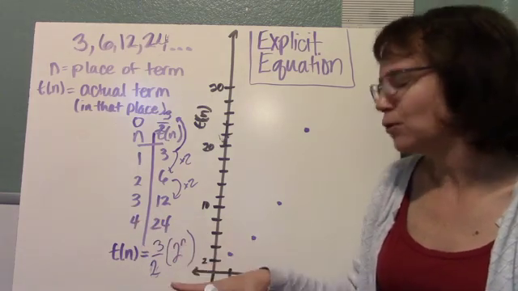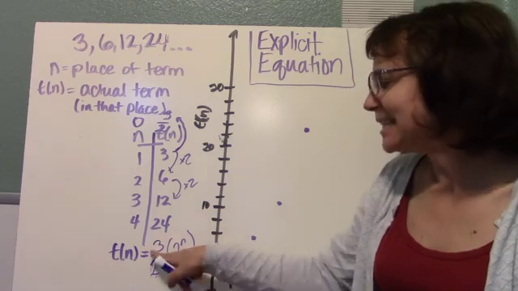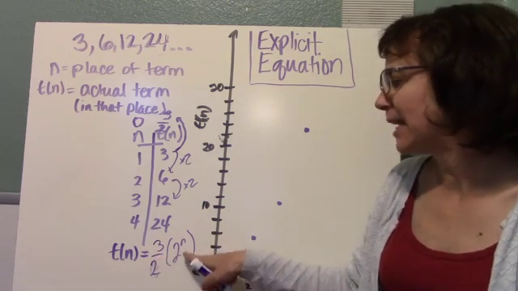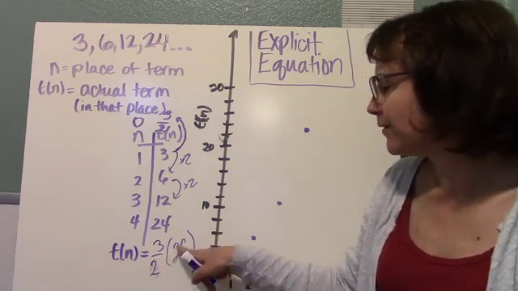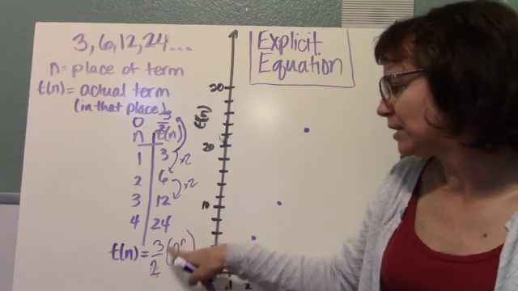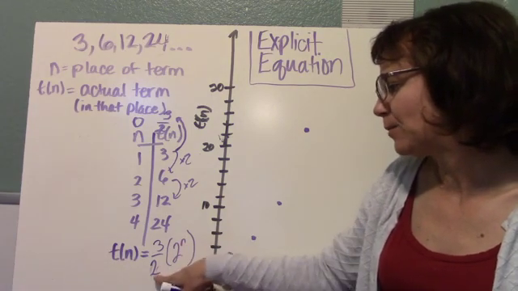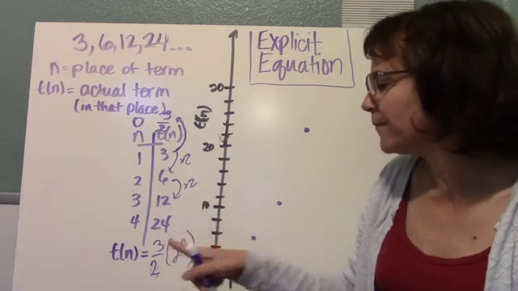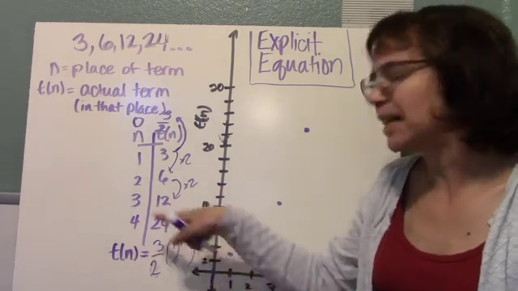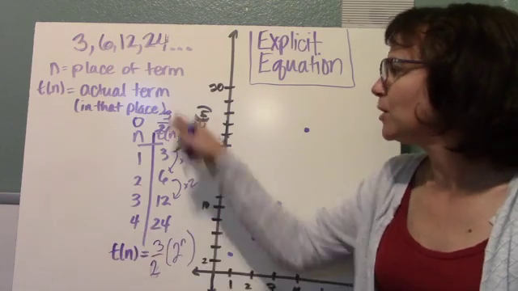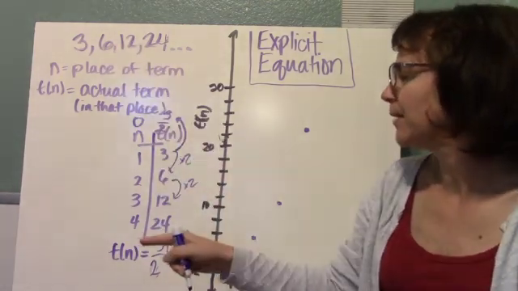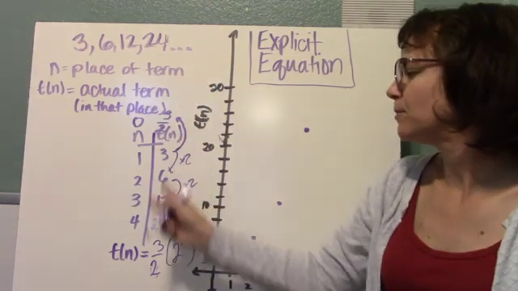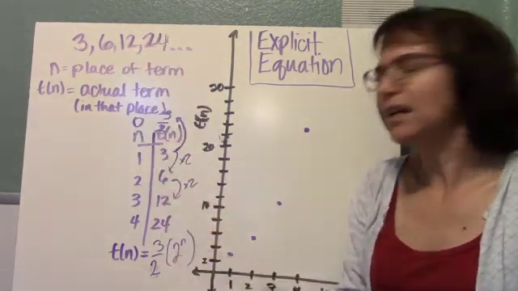So 2 to the third power is 8. 8 times 3 halves, that's going to be 12. So the 2 from the 8 makes a 1 with this 2, and that's just a 4. So then 3 times 4 is going to give me 12. So I can check to make sure that this equation is going to represent my sequence, both in terms of the table and in terms of the equation.